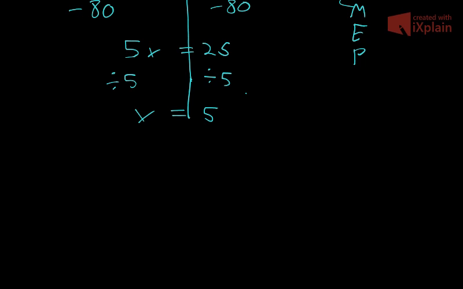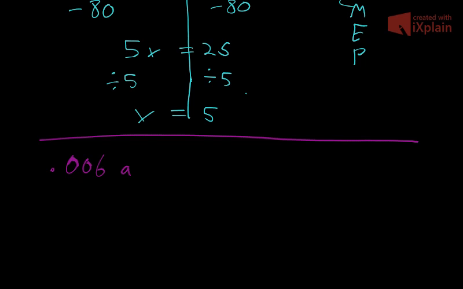So this time we are going to try instead to do 0.006a plus 0.02 equals 0.2. That is a lot of decimals.